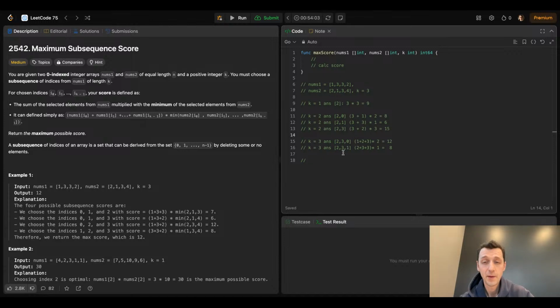Not this n squarish one, something better. Some idea for the second index that doesn't come from checking all of them, but from some priority. So we could sort them initially and then get that.